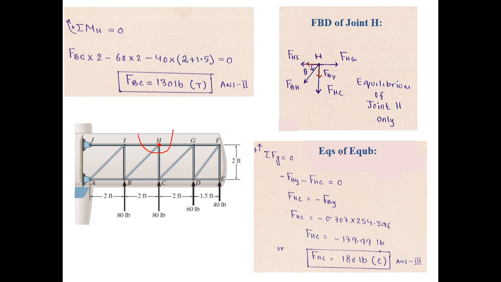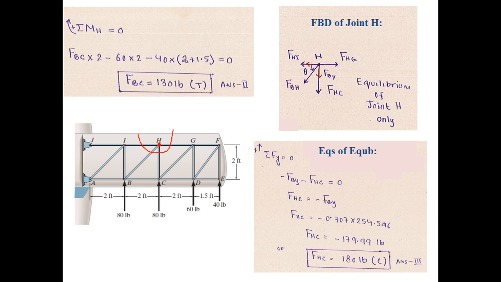So the only equation of equilibrium that we can use here in order to find this FHC is the summation of Fy equals 0. And this gives us the equation minus Fby minus FHC equals 0, and this will give us FHC equals negative Fby, and we know that Fby is 0.707 times FBH.